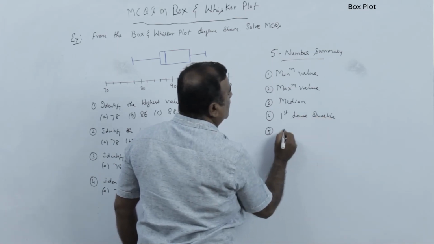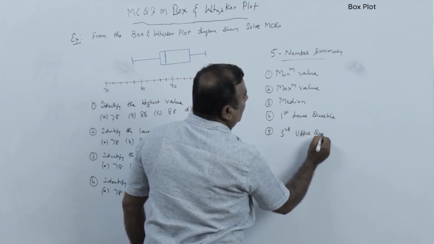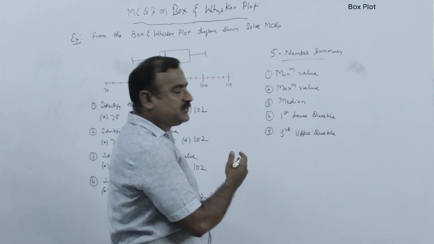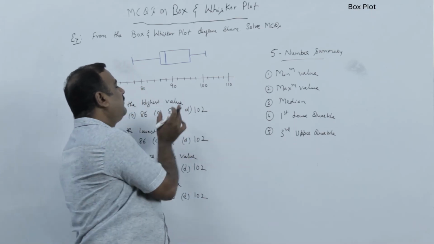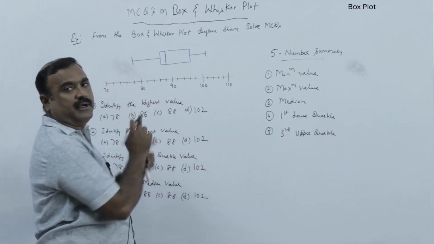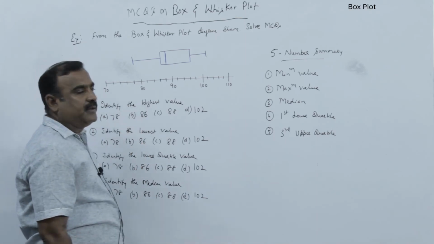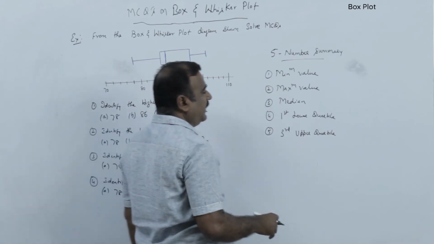Fifth one is the third upper quartile. I'm going very slow so that you can understand the concept. In the examination, the diagram is given. What is the question? You just have to directly attempt that question and solve it. Directly you can find out the answer. But again, I am explaining here in detail.